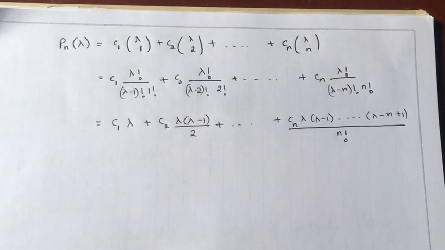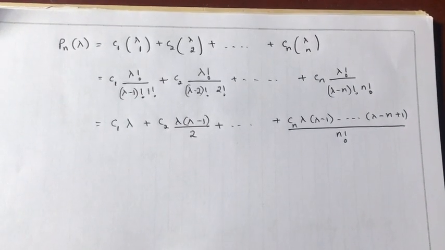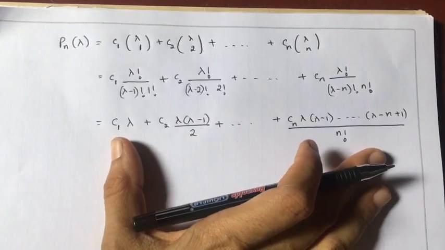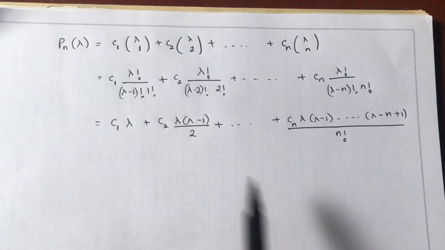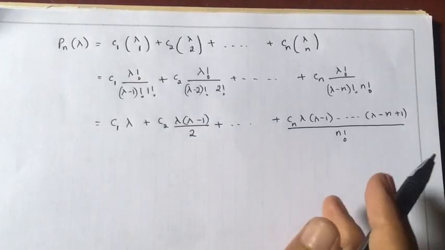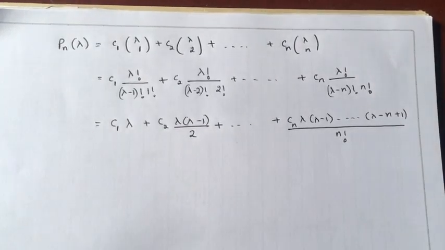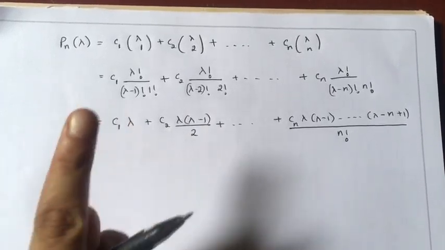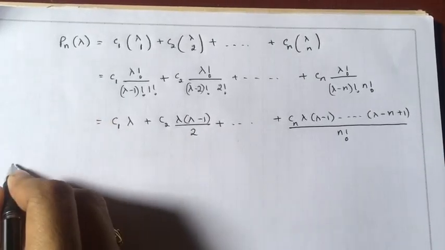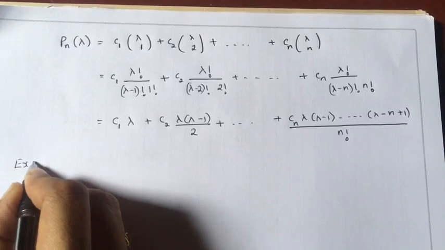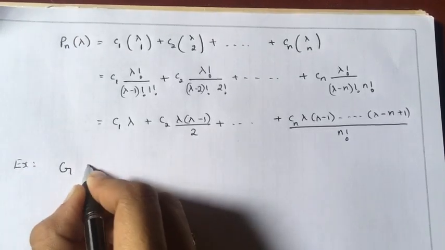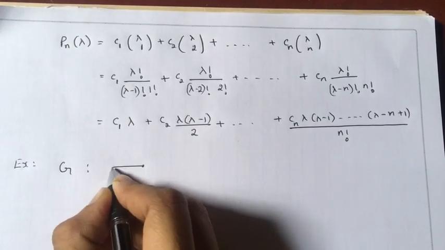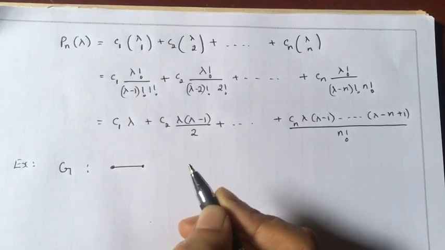I'm coloring graph G with n vertices using lambda colors. In how many ways I can do it is this. See, here these C1, C2, the Ci's depend on the graph. Suppose I have a graph which contains only one edge, a single edge. It has two vertices.